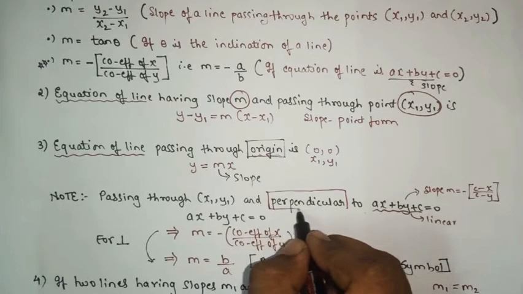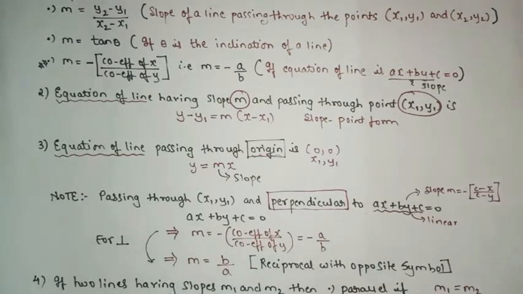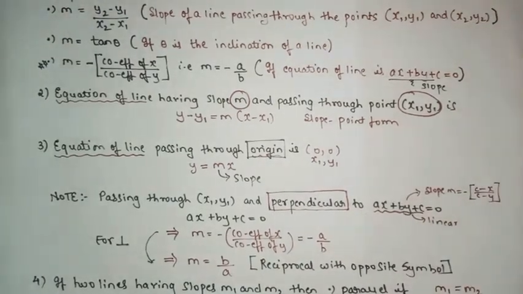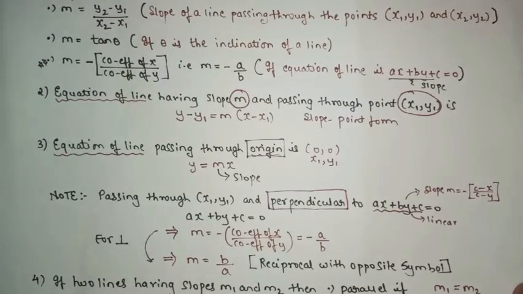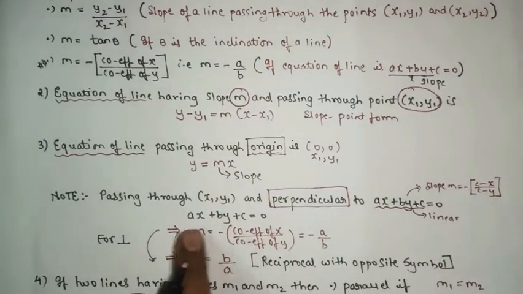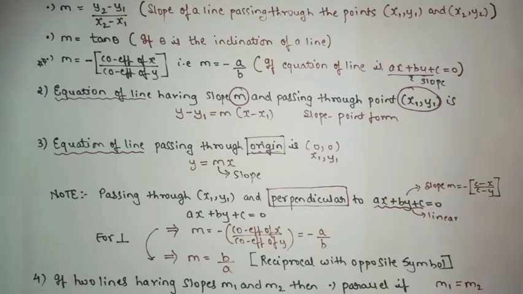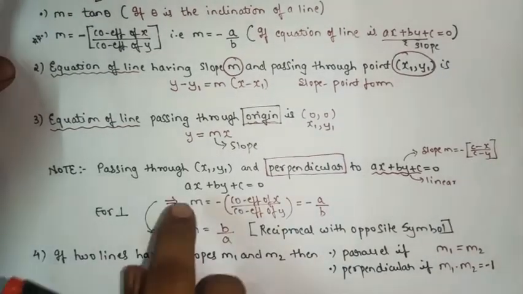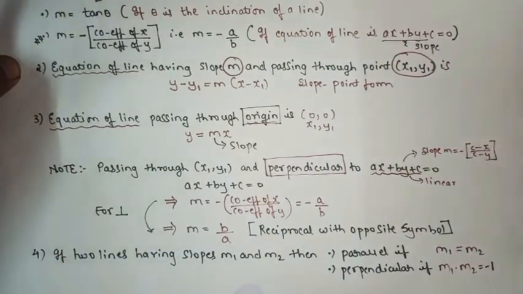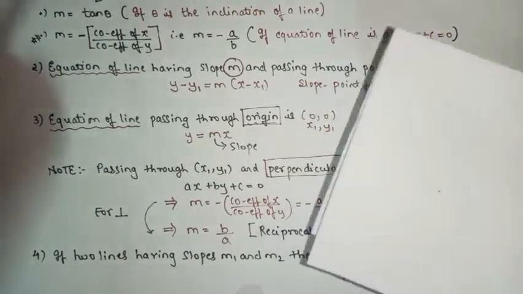But focus on this word: perpendicular. Whenever the word perpendicular comes, what changes do we have to make here? Listen here. So what is the equation? Ax plus by plus c equal to 0.